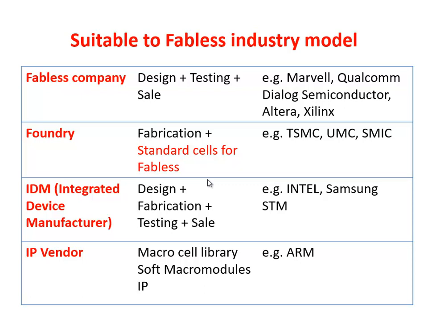Then, for example, Marvell and Dialog Semiconductor are companies that are specialized in chips for telecommunications in the case of Marvell, or for power management in the case of Dialog, and they are fabless ones. So they design chips and sell chips, but they are fabricated elsewhere. And other important fabless companies are the FPGA companies.